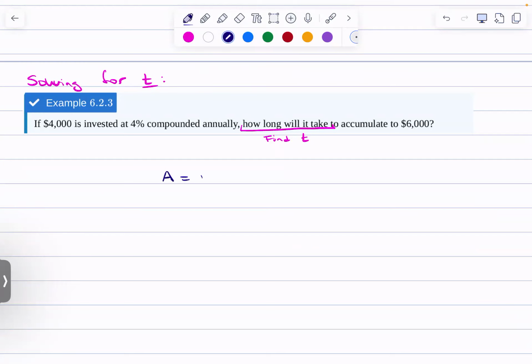So if we have A is equal to P times 1 plus R over N to the N times T. If we want to solve for things in the power, then we need logs. The log of N T, to simplify the power.